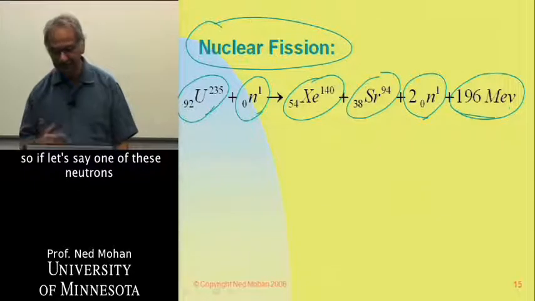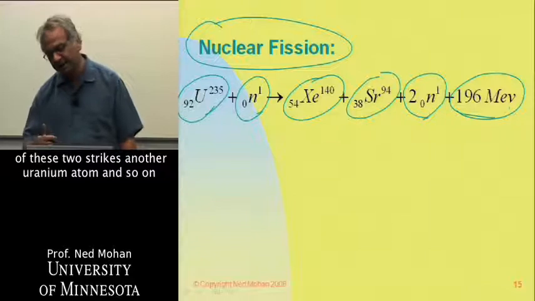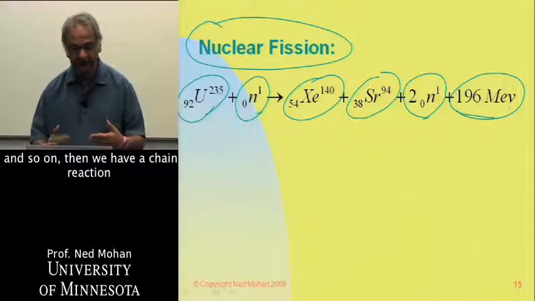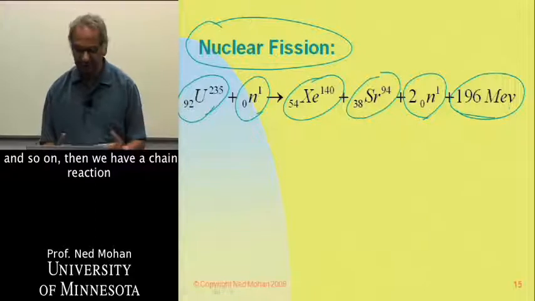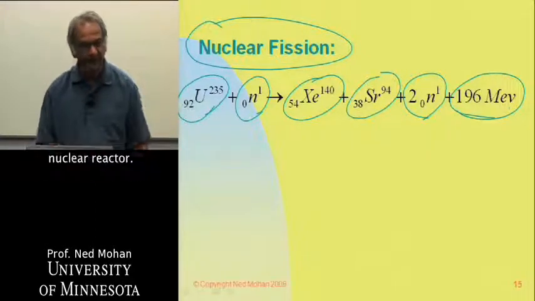So if, let's say, one of these neutrons out of these 2 strikes another uranium atom, and so on and so on, then we have a chain reaction. And if it's a controlled chain reaction, then we have a nuclear reactor.